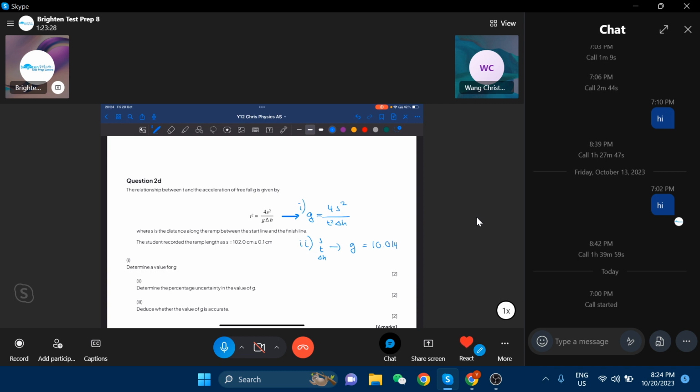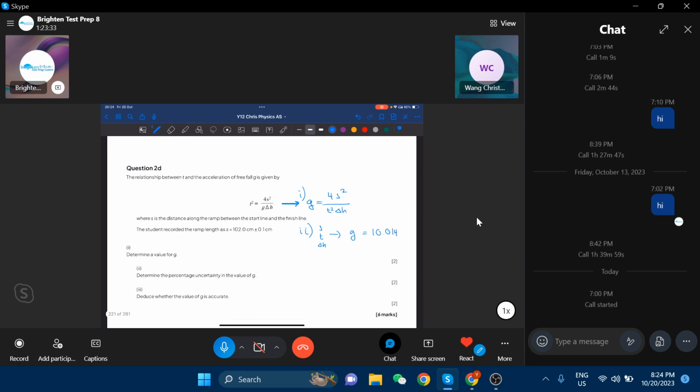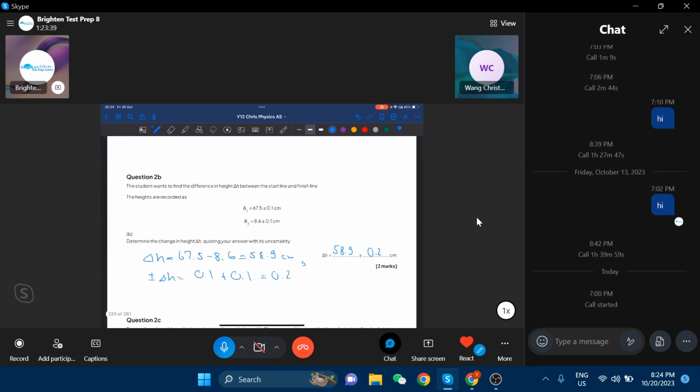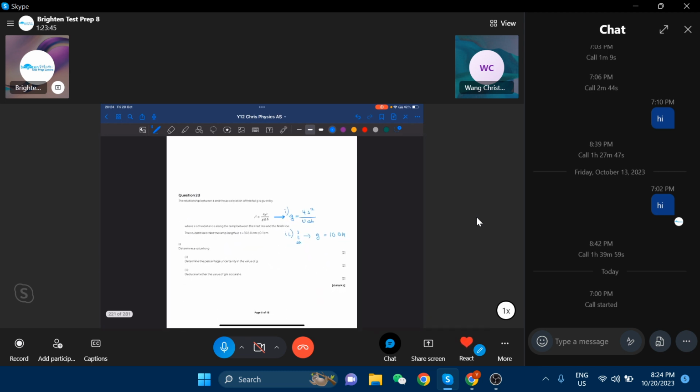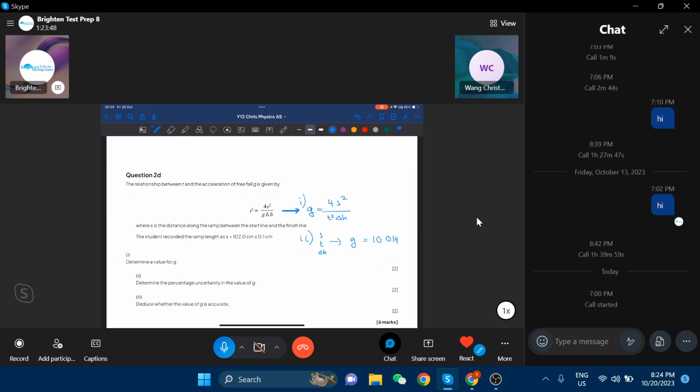10.014. And when you look at it, how do I have to adjust my G value now, Chris? When you look at the various values, right?